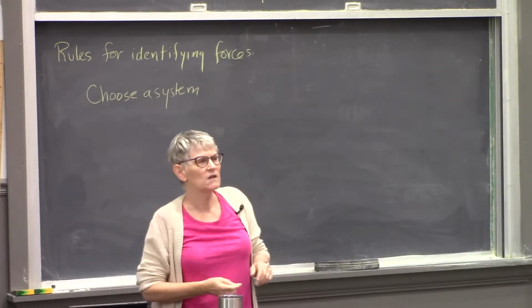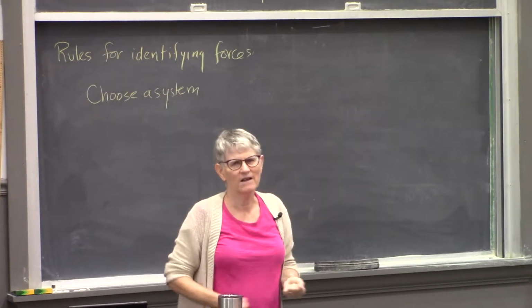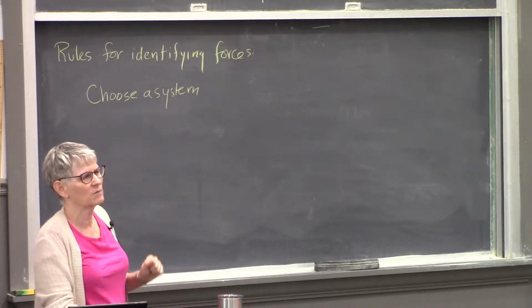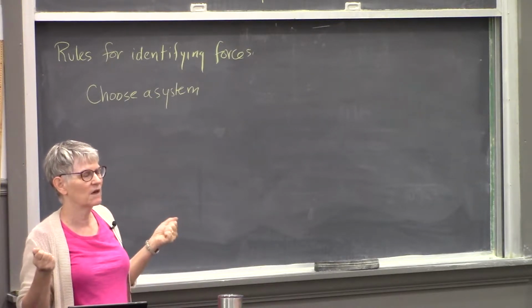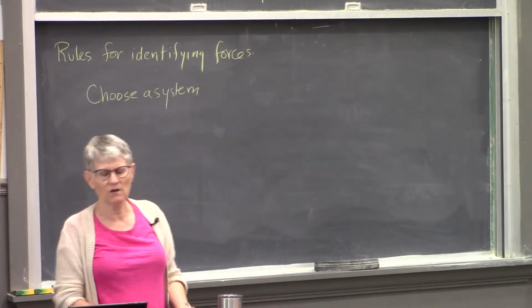Don't switch. So if we have 2 blocks and 6 springs and the earth and some other stuff, we pick one object as the system, and then that is going to be the system. And everything else is the surroundings. And we have to be consistent in our analysis.